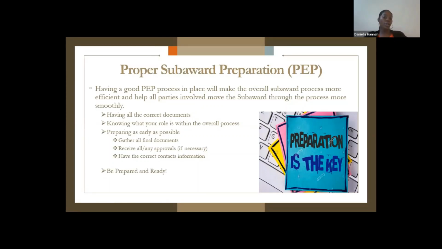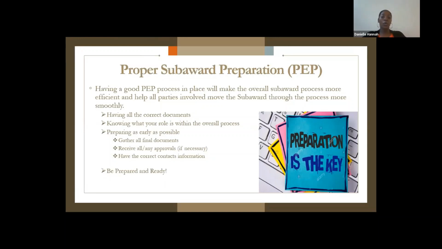And we know sometimes there are some awards where at the time of award, subawards may change or information may change, budget, something like that. But at that point in time when we're doing the proposal, we want all those correct documents. We want to have those for every single subaward, not one if there's 3, all of the subawards. We want all of the correct documents.